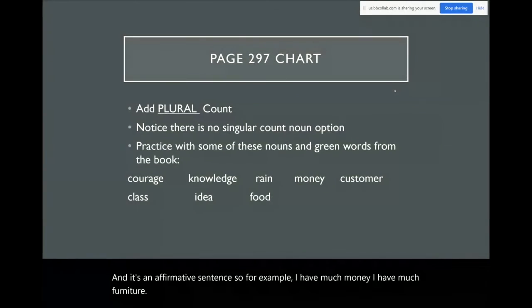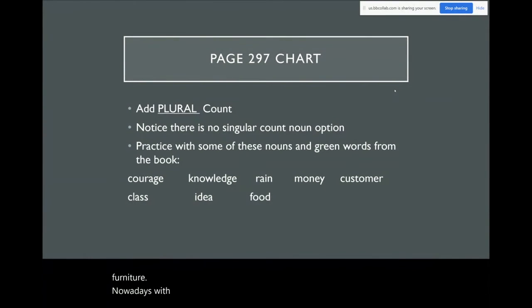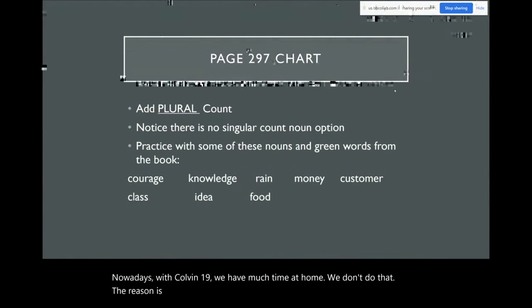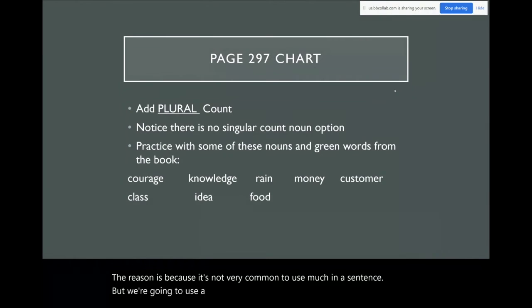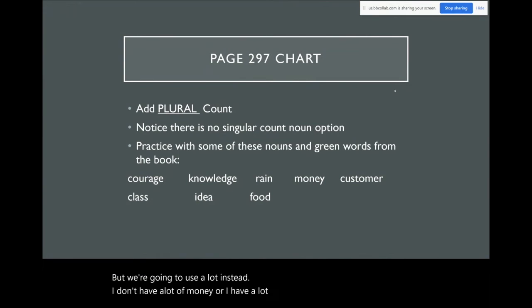The reason is because it's not very common to use much in a sentence, but we're going to use a lot of instead. I don't have a lot of money, or I have a lot of money. I have a lot of furniture. That's the one that's more common.